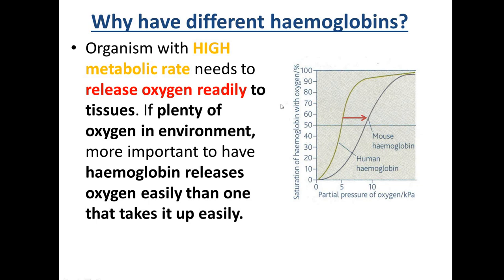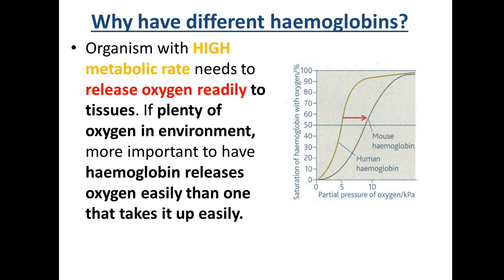On the other hand, if something's quite active, it's got a high metabolic rate but lives in a quite high oxygen concentration, then it's not bothered about taking it up. What it is bothered about, it has to get that oxygen to the tissues and give it to the tissues because it needs to move around a lot and it needs to metabolize quite quickly.